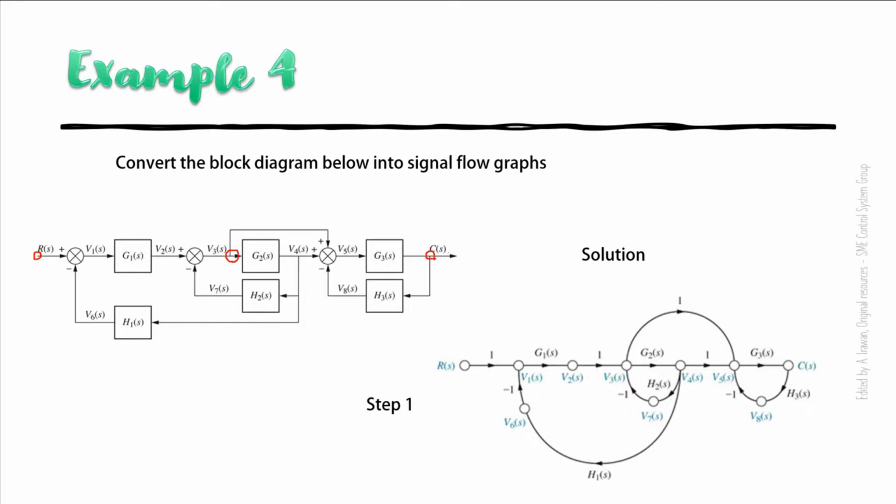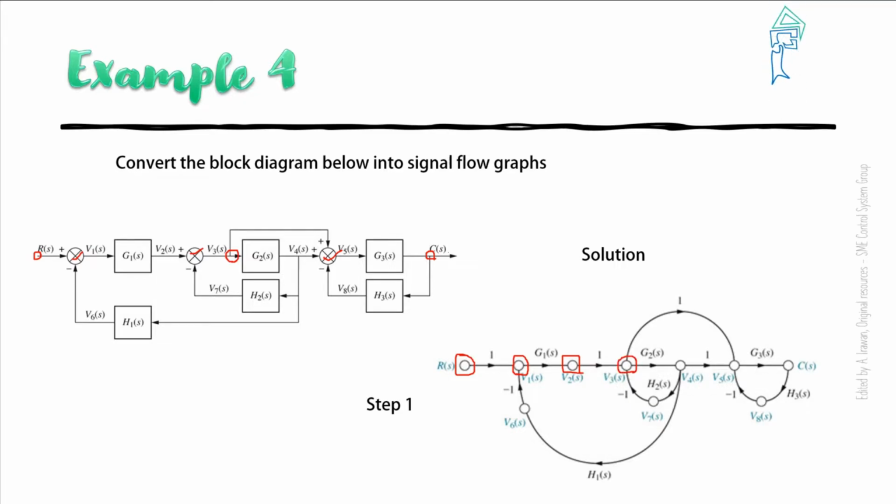And then how many summation junctions do we have? We have this one, and this one. This one is 1 node. RS has 1 node, and then after this summation junction, we have another summation junction, 1 node. After the summation junction, we have a pick-off point, 1 node.